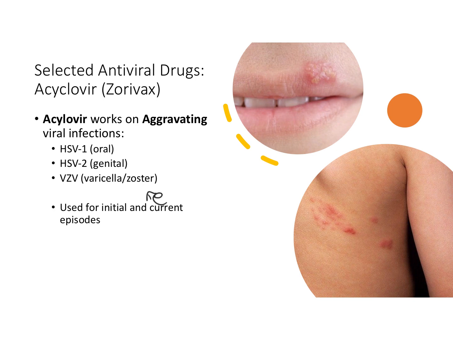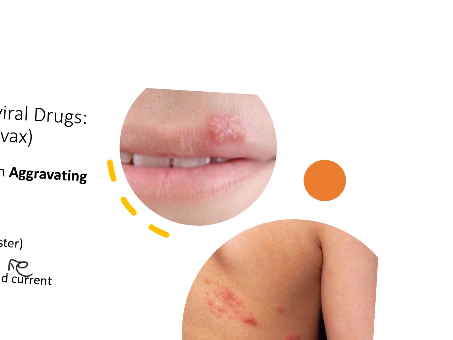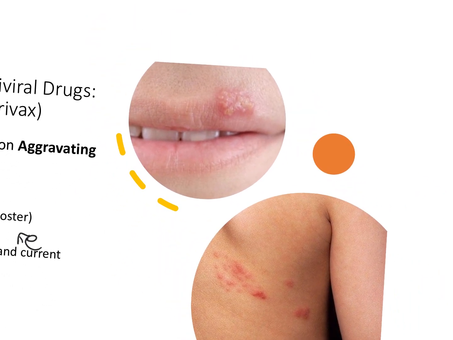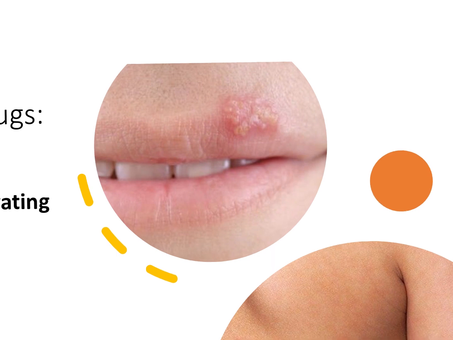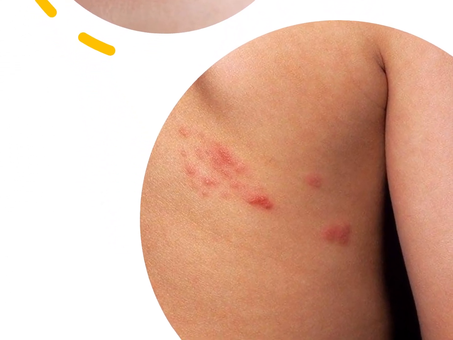And this is just in case you haven't seen it in a while, this is oral HSV, which is HSV1. And I don't have a picture of HSV2, but it's very similar, but it's on the genitals. And then this, as you can tell, is very similar. It has these fluid-filled vesicles, and this is shingles.